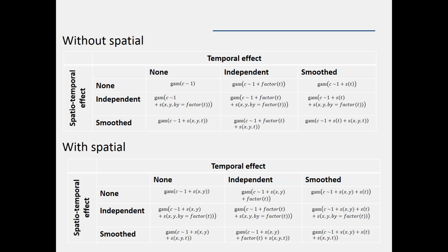Smooth temporal effect: s of t in a GAM world is a smoother on t. I think the mgcv package says s is for spline.